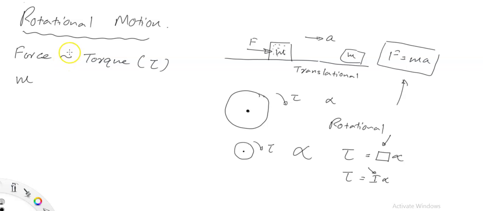Force equivalent in rotations is torque. Mass equivalent in rotation is rotational inertia, or I. Sometimes we call it moment of inertia.